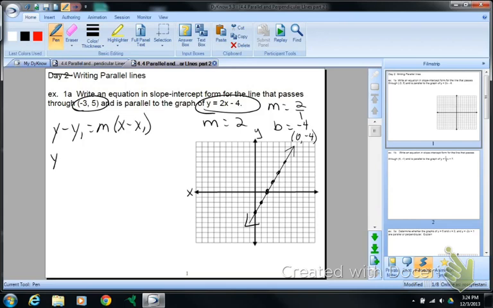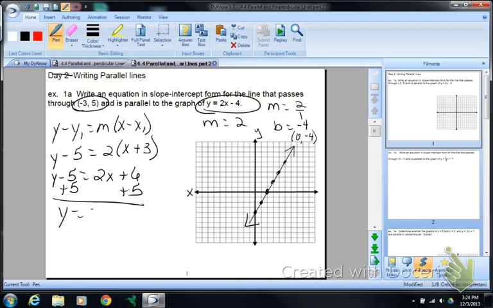So that's y minus 5 is equal to m, which is 2, times x minus a negative 3, which is plus 3. Now, are we putting this in standard form or slope-intercept form? Slope-intercept form. So we're going to do the distributive property. Add 5 to both sides. So y is equal to 2x plus 11.